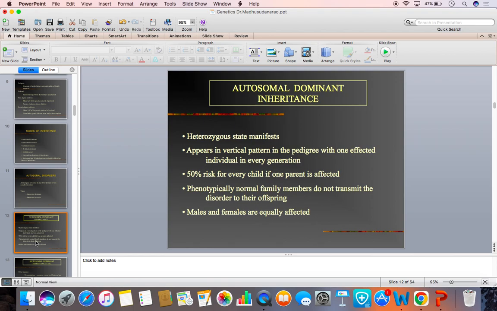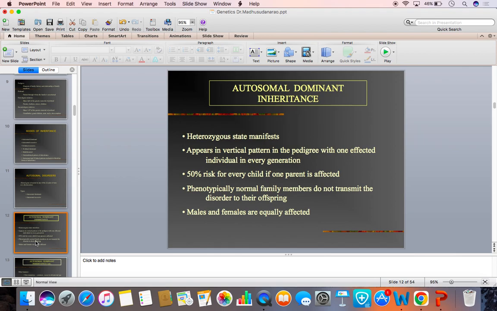An individual with this situation, that is one normal gene, one abnormal gene, is in the heterozygous state. Then the disease that manifests in the heterozygous state is called autosomal dominant type of inheritance. That means the abnormal gene is suppressing the normal gene. It is dominating to express the disease.